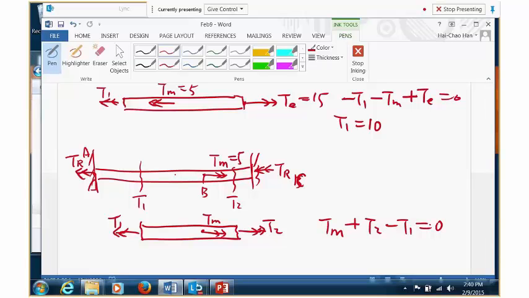I cannot find T1, T2 because there are two unknowns, one equation. Oh, how about I write this one on top of the other? So I'm going to have a TM, plus, well, there's no plus. I assume the load is the other way, right? So it'll be negative TR at C, negative TR at A equals 0.